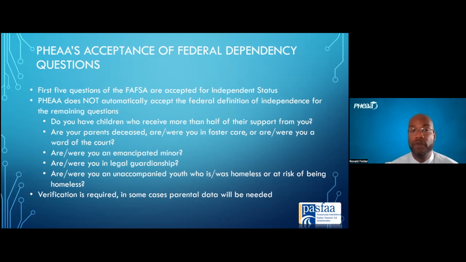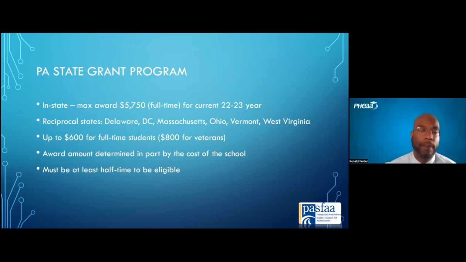So if you are selected for verification via PHEAA and you have to provide the information, I tell everybody to submit it as soon as possible, because you want to make sure that all your aid is on track and there are no issues prior to your start date at your school. If you're an emancipated minor or in a legal guardianship, you will have to provide that paperwork as well, or if you're an unaccompanied youth. You want to go to the next slide?